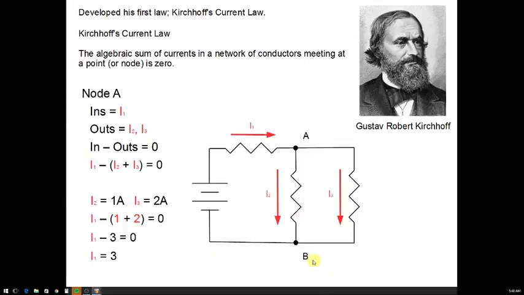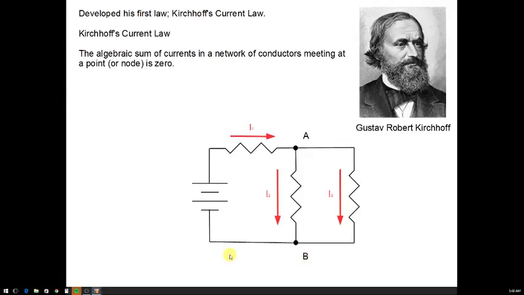All right, we have another node down here. Let's look at that. Okay, so we have node B. Let's solve for node B. We need to show another current on the graph here, and I'm referencing the current from B to the negative side of the battery in that direction, I4.